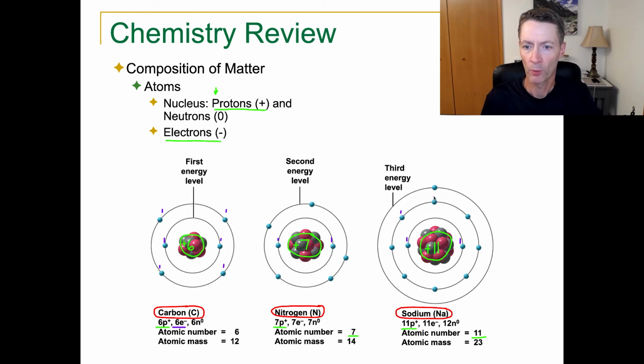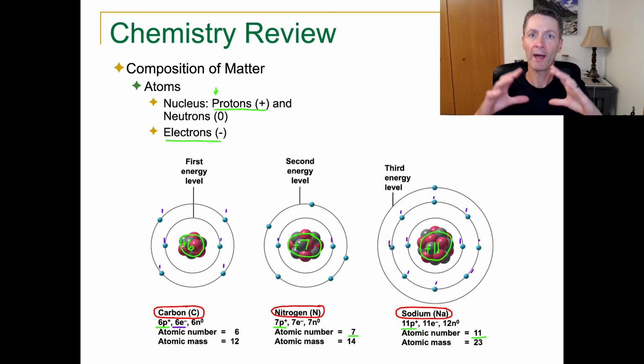We have 1, 2, 3, 4, 5, 6, 7, 8. Only 8 can fit in each energy level outside of that first one, right? So we don't have enough room for all of them in the second energy level. We have to go to a third energy level to have a neutral atom.